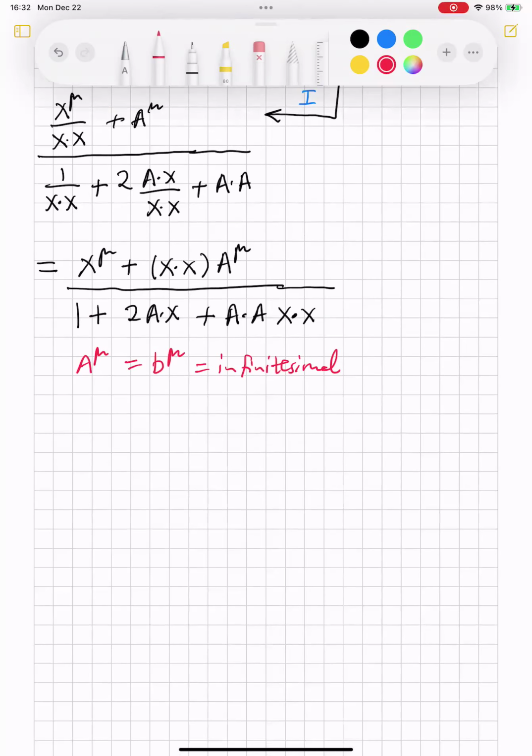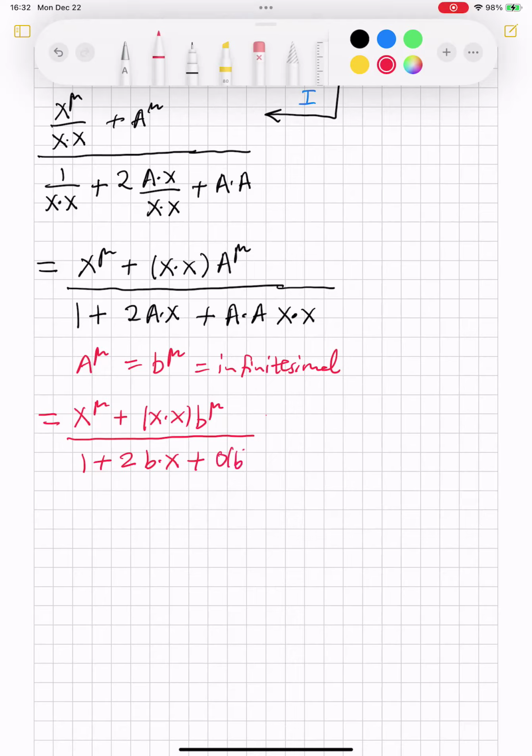Well, this will be equal to x mu plus x dot x b mu. Now let's take a look at the denominator. We've got 1 plus 2 b dot x plus a b dot b, but we ignore b squared.